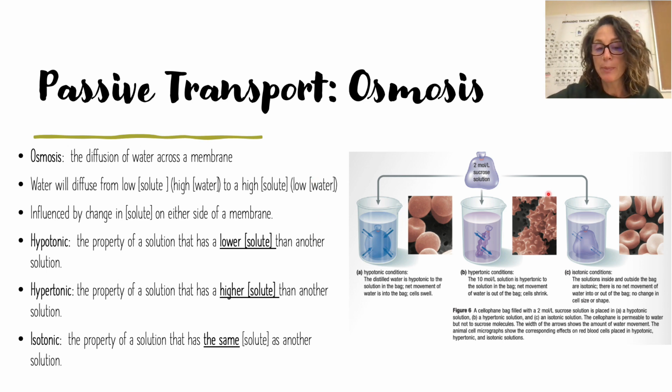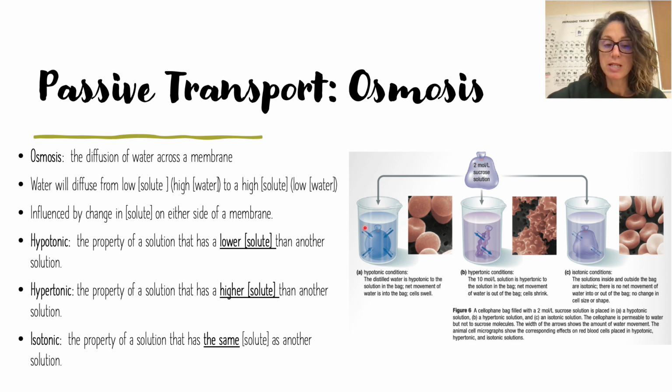So let's look at these examples here before we look at them in class. Here we have a sucrose solution, and we put it into 3 different other solutions. So we have one solution compared to whatever's in these beakers. We put it in distilled water. The water is going to go from no solute whatsoever in the distilled water into where there's a high solute concentration.